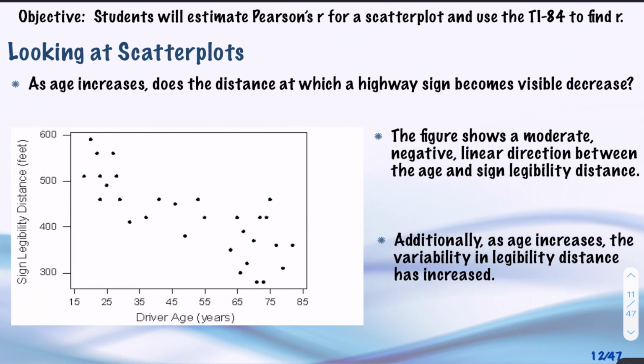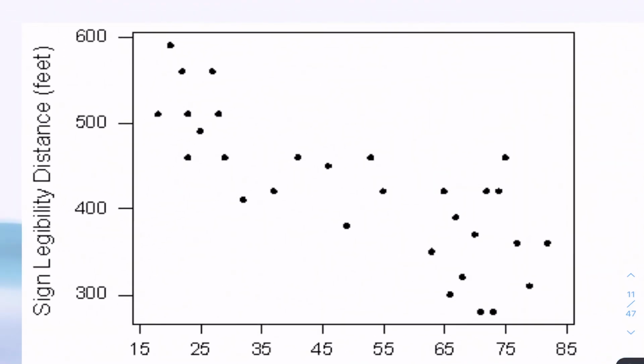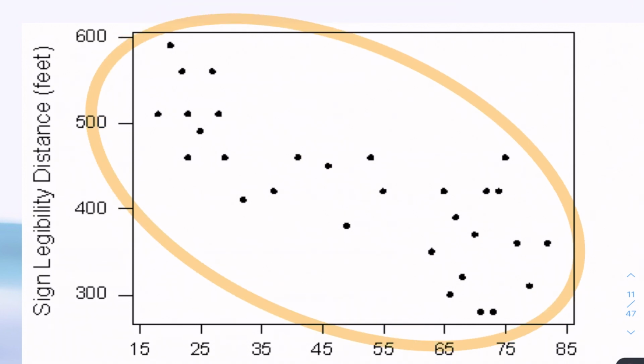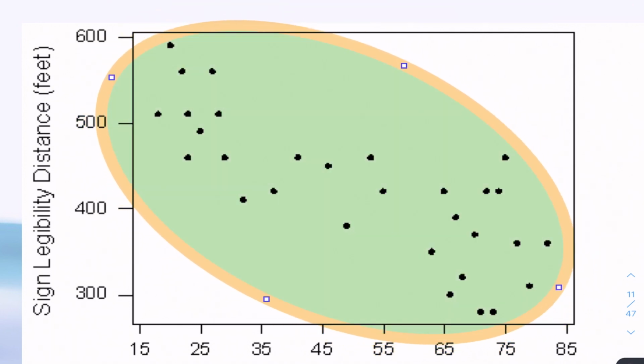So let's try this. If we're looking at a driver's age to how well they see, what do we notice here? Well, in our scatter plot, let's talk about the shape. Does a line fit our data? Yeah, and we can see as we go left to right, a line, or if you wanted to, we could also draw in an oval or an ellipse to see how well our data fits inside there.